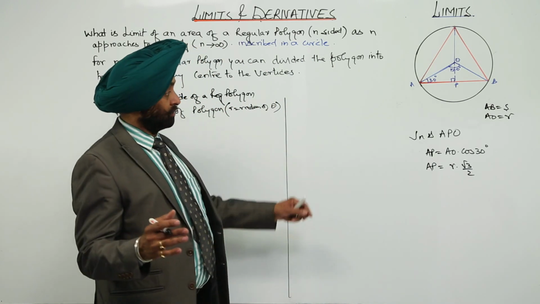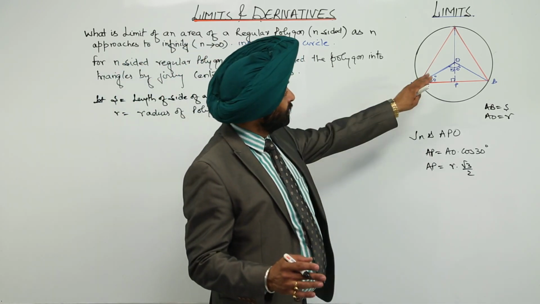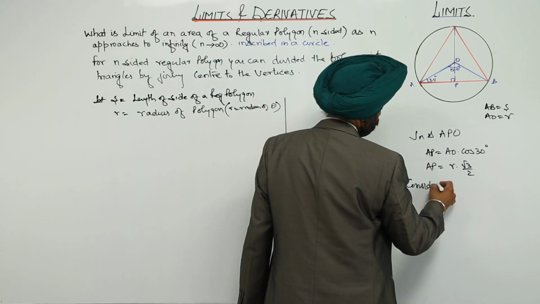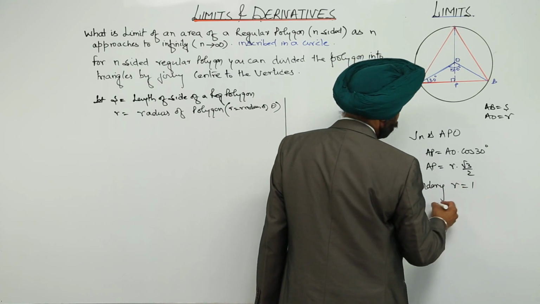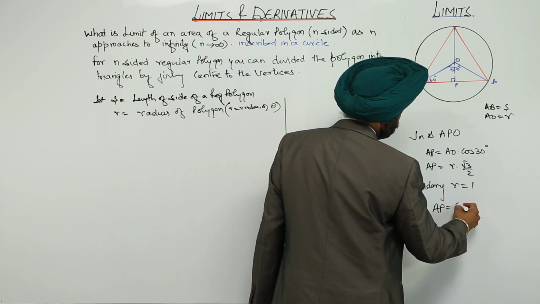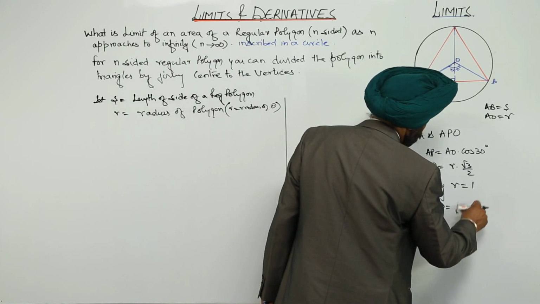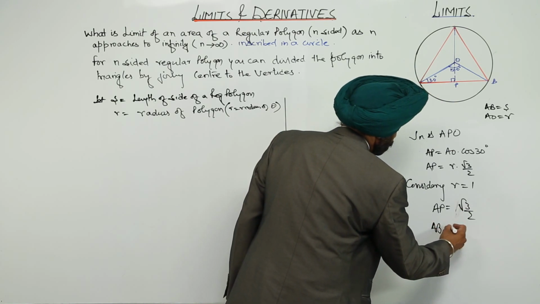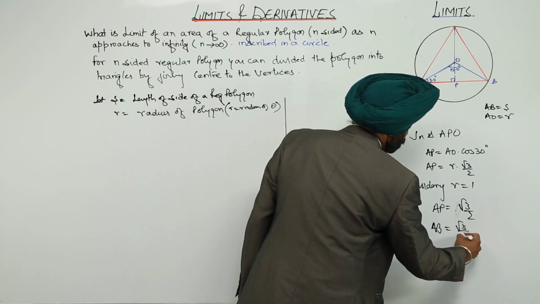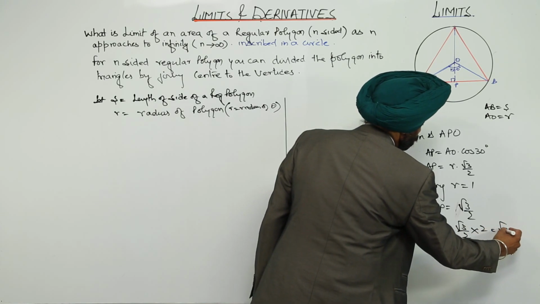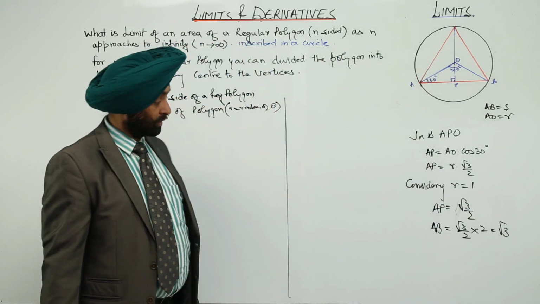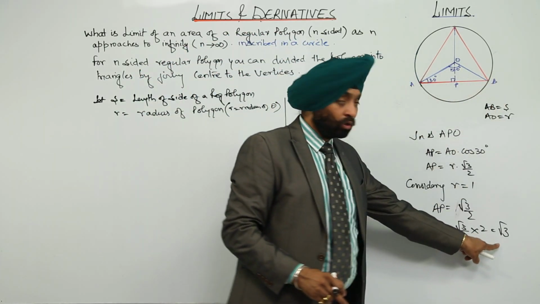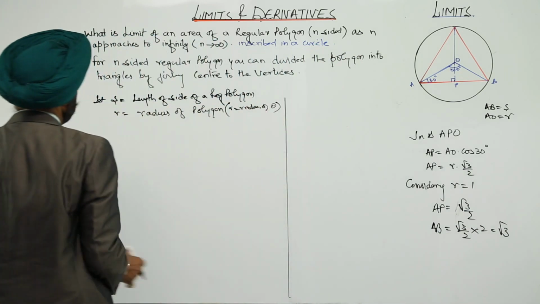Now let us consider that this is a unit circle. Considering R is equal to 1, we are getting AP is equal to root 3 by 2. And what is AB? AB is equal to root 3 by 2 into 2, that is root 3. Is it clear? So in this figure, this whole line AB is root 3. Remember this thing.